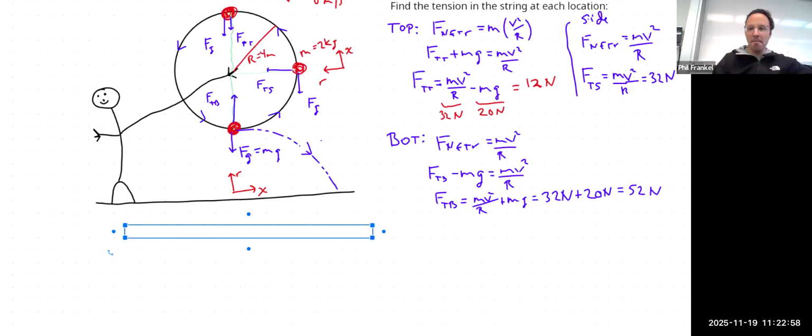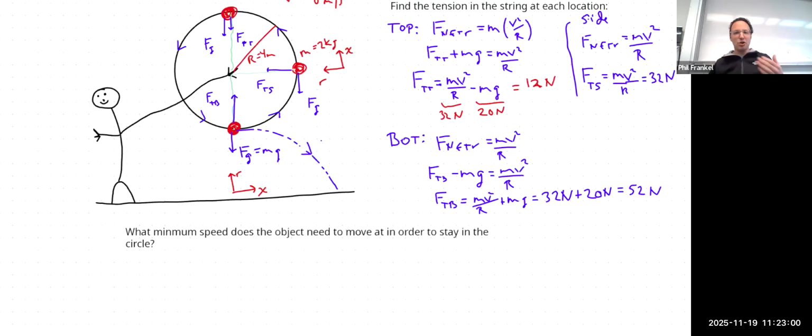Well, there's probably a minimum and a maximum speed. If I go too fast, then the tension force would have to be way too big. And the risk is that near the bottom of the circle, the string breaks if the object is moving too fast.